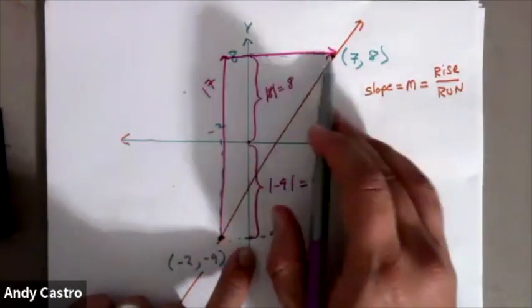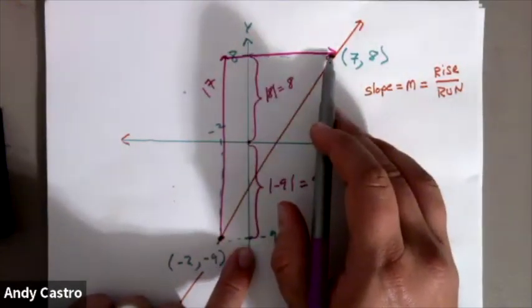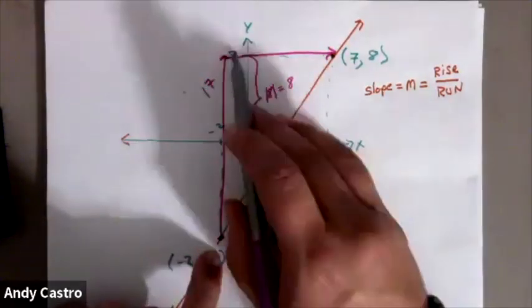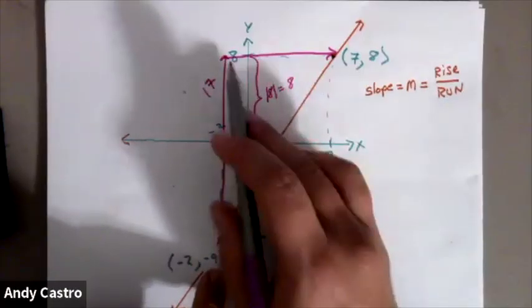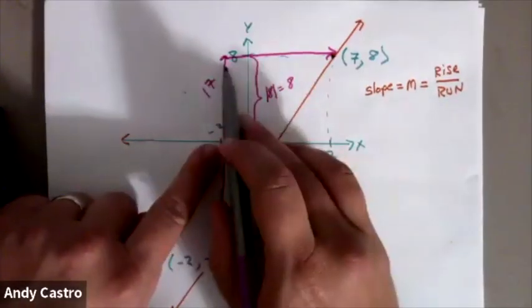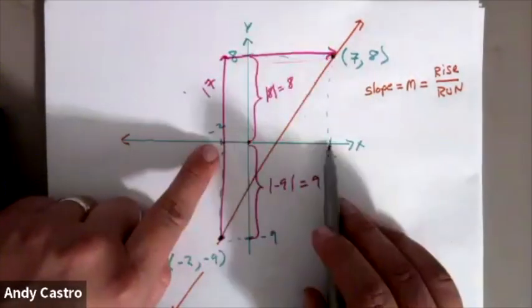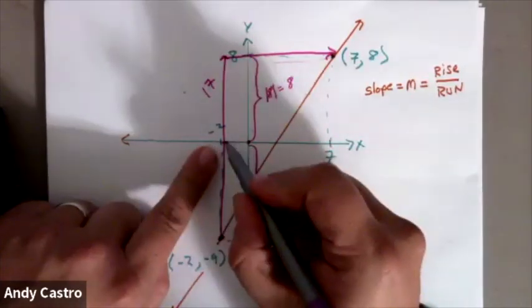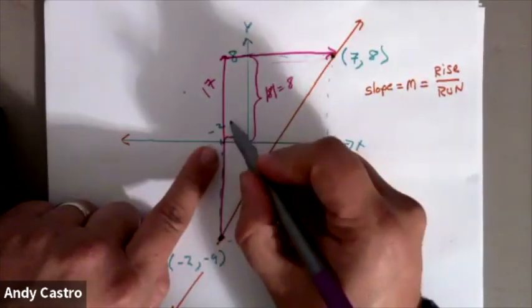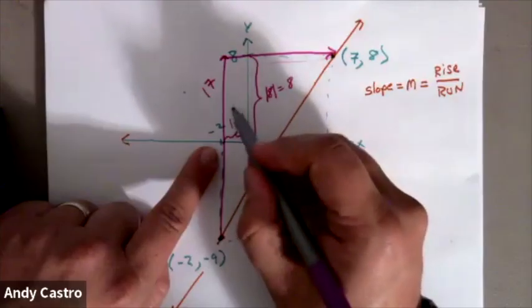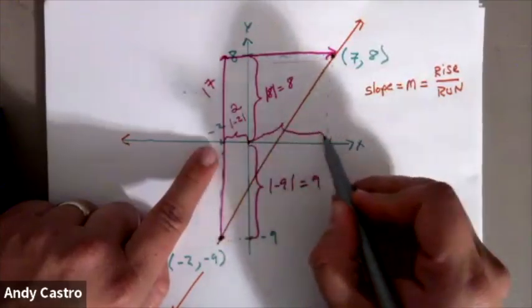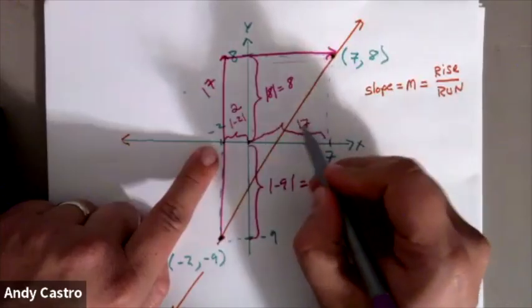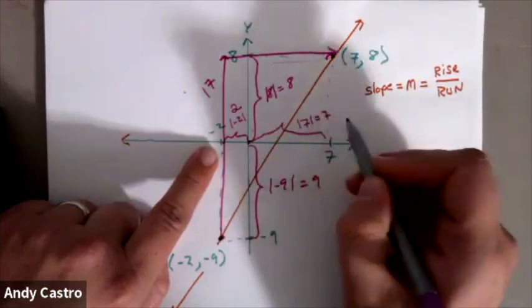Now, from here over, how much do I have to go? All right, so from here to here, now I'm going to go over. So here, I start at -2, and then I'm going to go over to +7, right? So this distance here, absolute value of -2, is +2. This distance here, absolute value of +7, is 7.